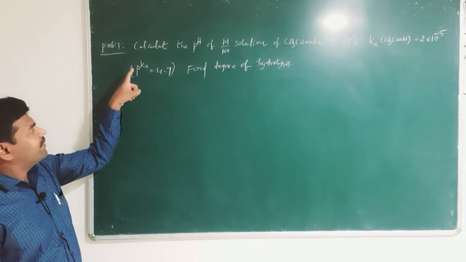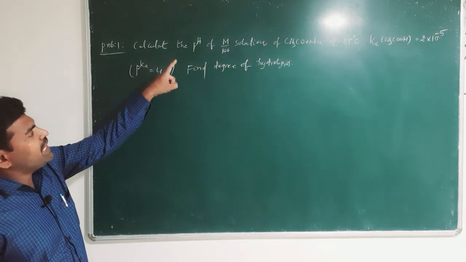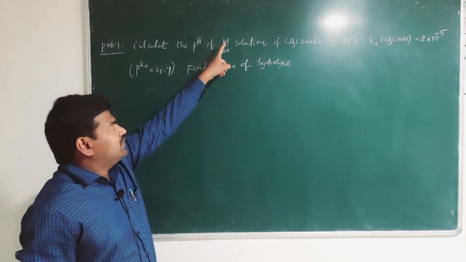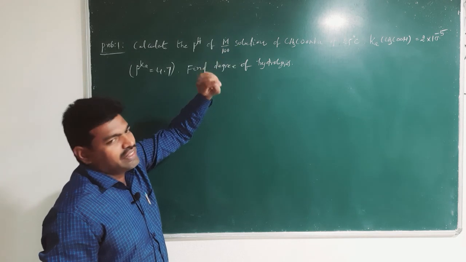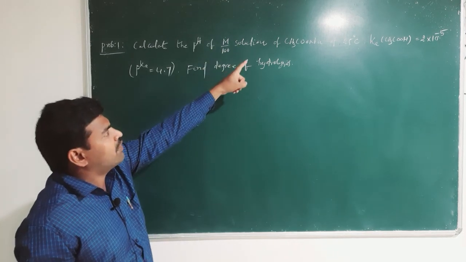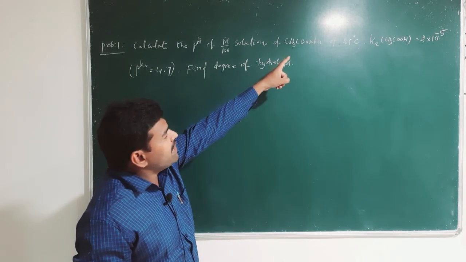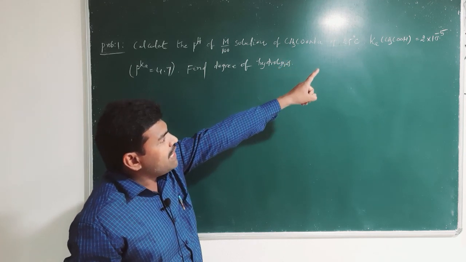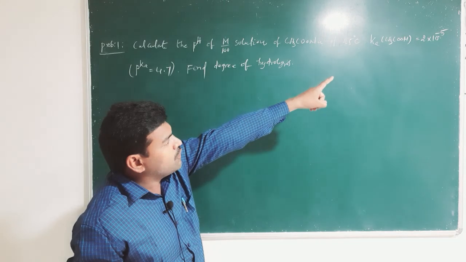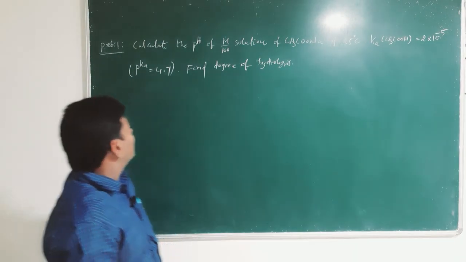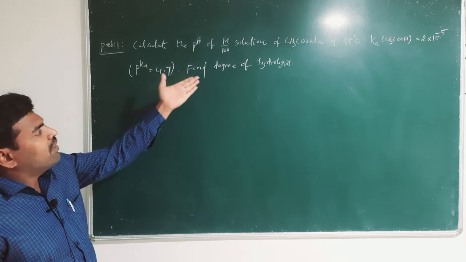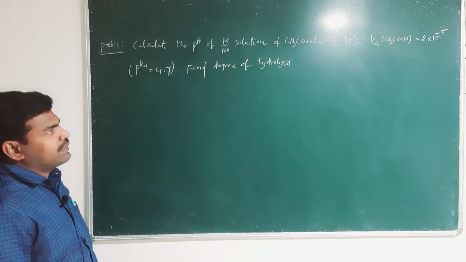Problem 1: calculate the pH of a centimolar, that is M by 100, solution of sodium acetate at 25 degrees centigrade. Ka of acetic acid is 2 into 10 power minus 5, that is pKa is equal to 4.7. Then find the degree of hydrolysis.